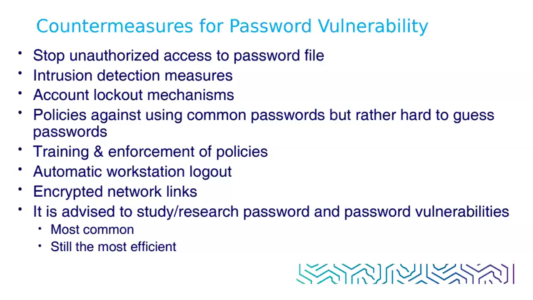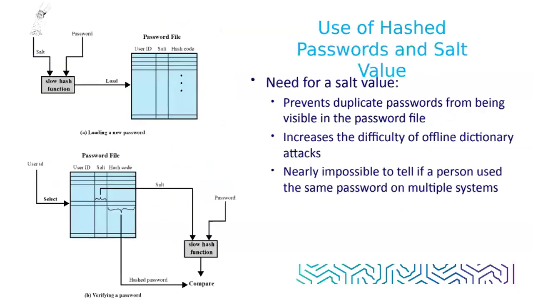Then encrypted network links, which help protect the username and password while they are transmitted over the network. So overall, password security is strengthened through multiple countermeasures, including secure password storage, intrusion detection, account lockout mechanisms, and strong password policies.